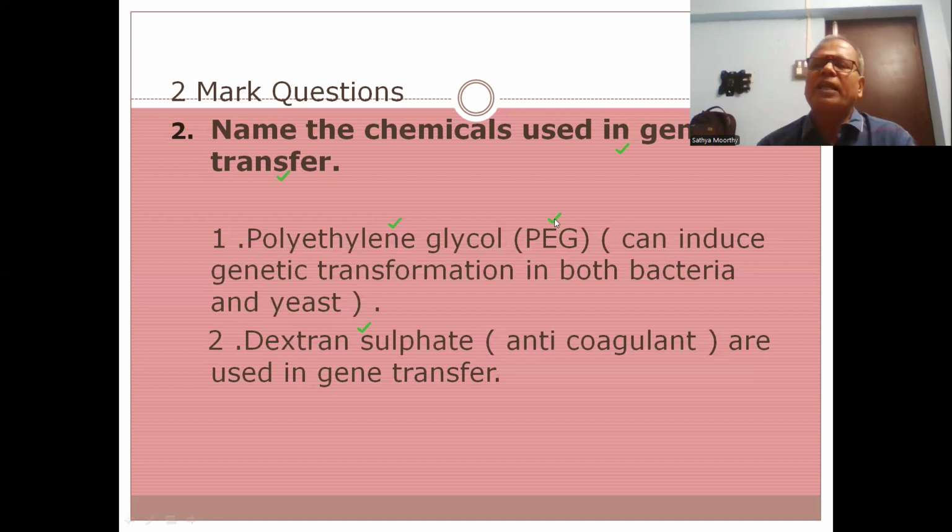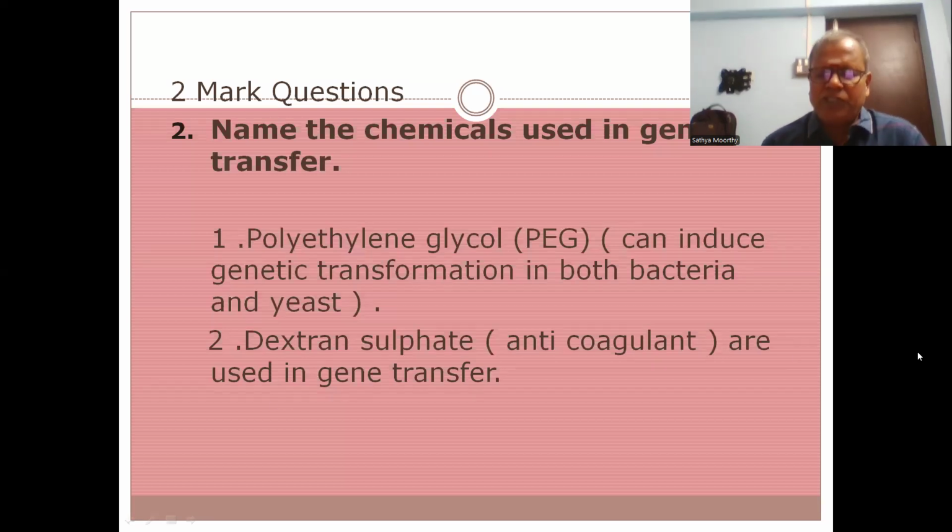So this polyethylene glycol acts as a fusogenic agent in protoplasmic fusion and also helps in gene transformation both in bacteria and yeast. Dextran sulfate is also used in gene transfer. It's a very good anticoagulant. Coagulation means clumping of cells, so it prevents clumping of cells at the time of gene transfer. Okay.